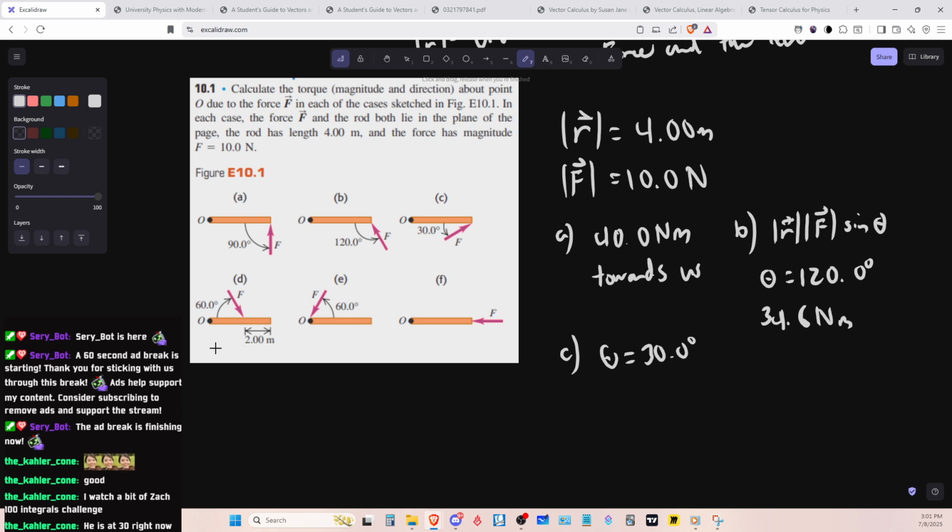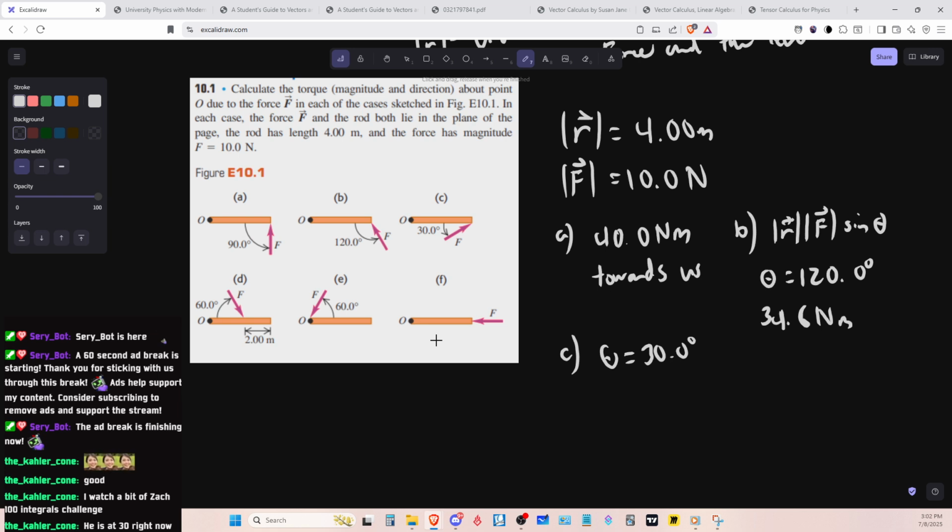That's really interesting. Basically now the force is applied to the central point here, which means that the distance here is practically 0 in this case. So let's just do C first.